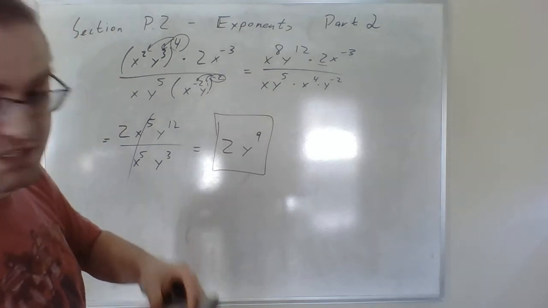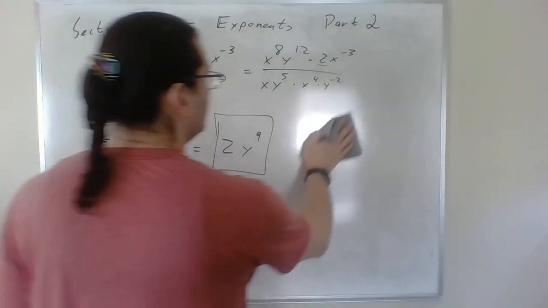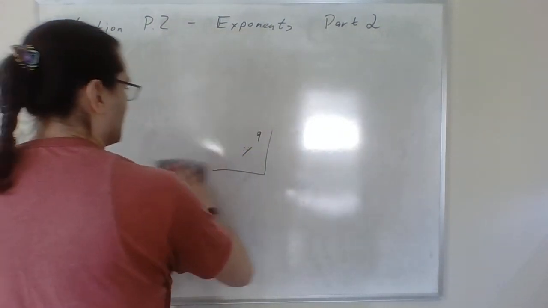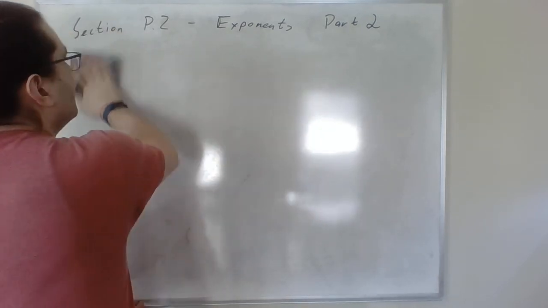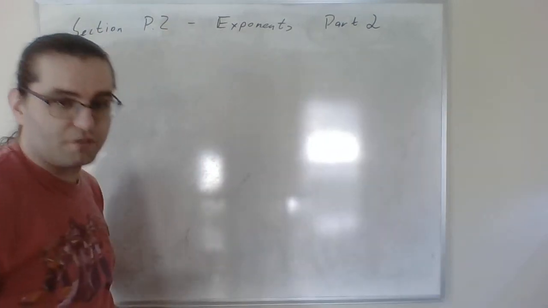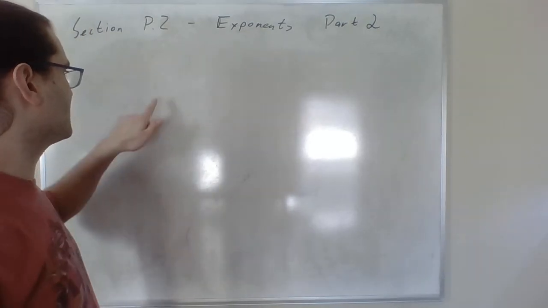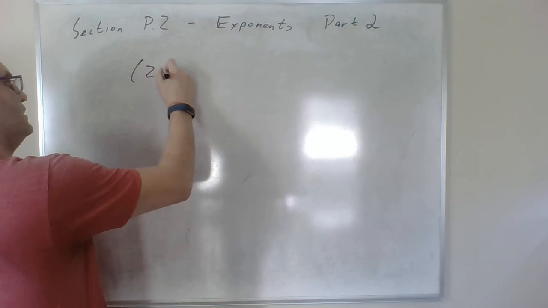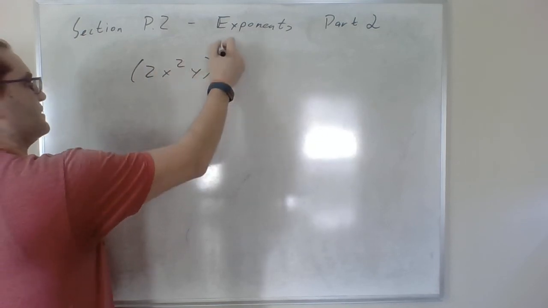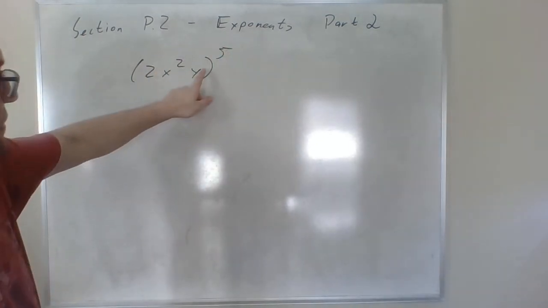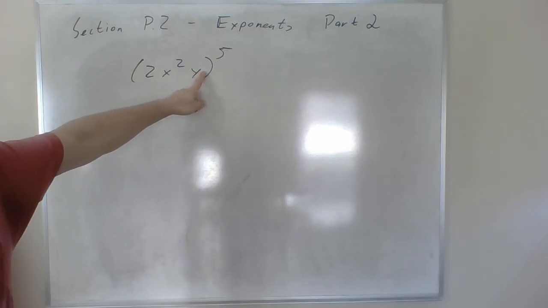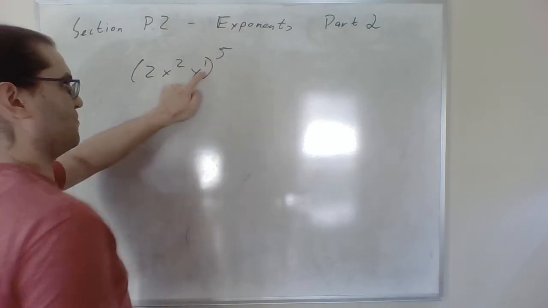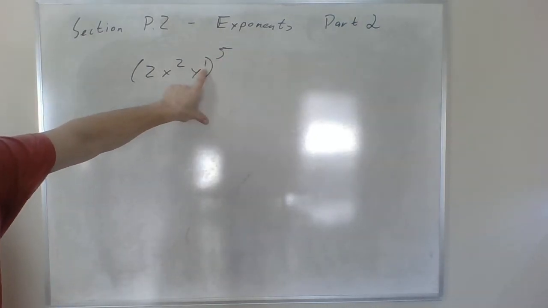So there's one last thing that I want to talk to you about before I end this video, and that is the various ways that the homework is going to try and trick you. One of their favorite ways to trick you is one of the things that I kind of did here pretty subtly. When you have something like 2x squared y to the fifth, they're not going to put a number here, and they're going to expect you to recognize that there's an implied 1 there.